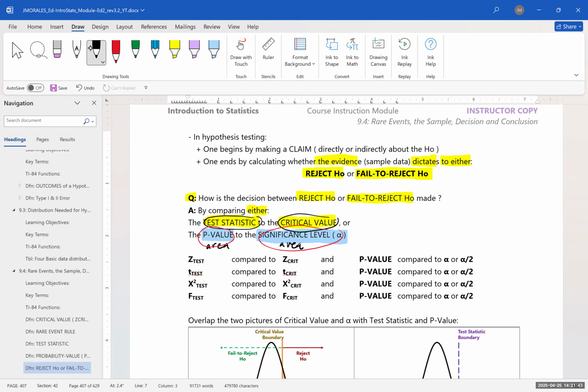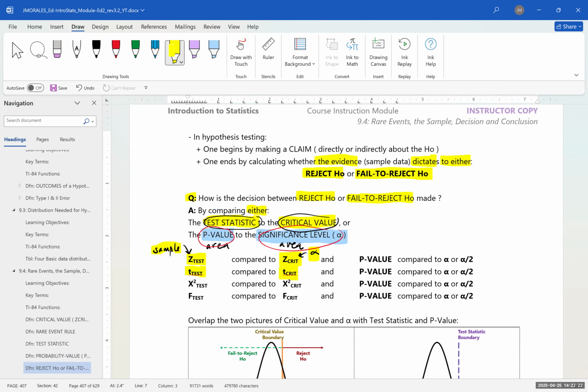So depending on the distribution that you're working with, you would compare a z-test statistic, which comes from your sample data, and compare that to a z-critical value, which generally comes from your significance level. You could compare a t-test statistic, which again comes from your sample data, and compare that to a t-critical value, which again comes from the significance level.